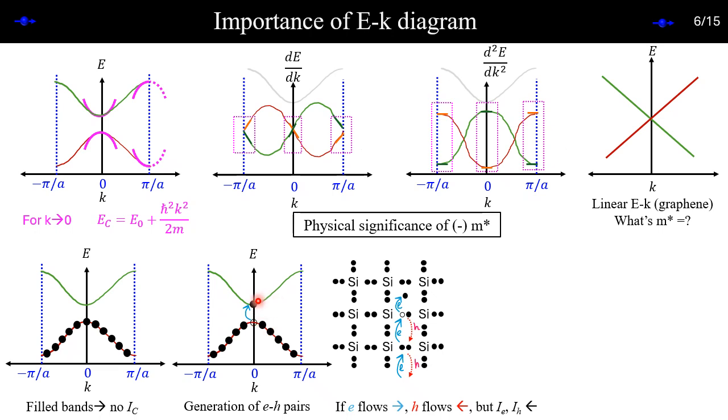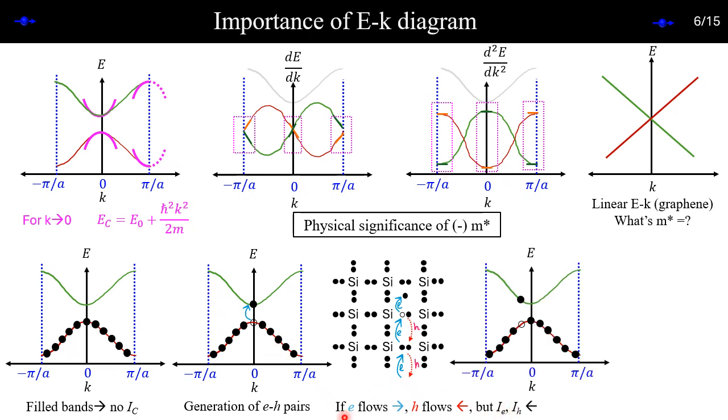Near k equals 0, electrons in the conduction band have positive effective mass, but in the valence band, electrons feel like they have negative effective mass. That is the significance: valence band electrons behave differently from conduction band electrons. That's what I try to mean.